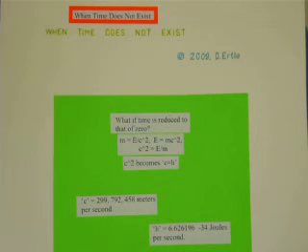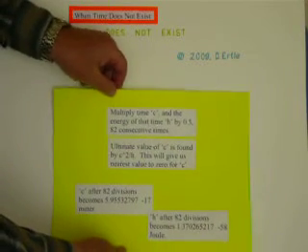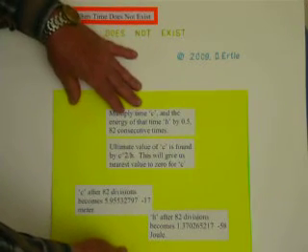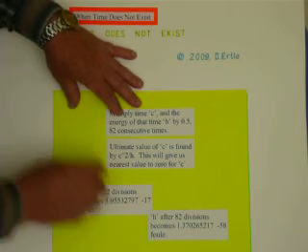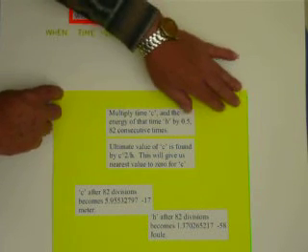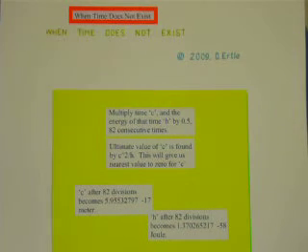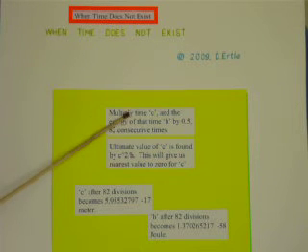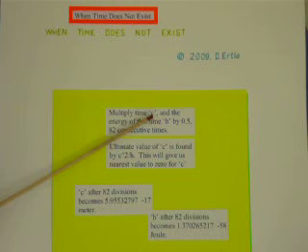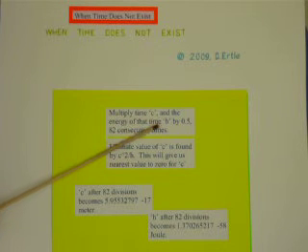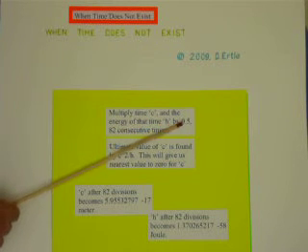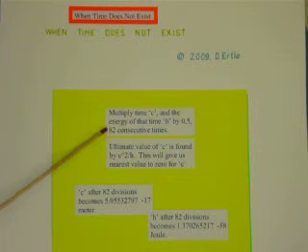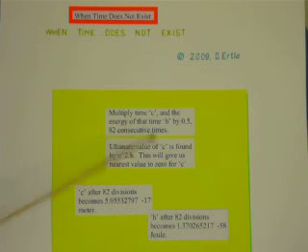Now we're going to break time down into its lowest value. We're going to multiply time, the value of C, the energy of that time, H, by 0.5, 82 consecutive times.